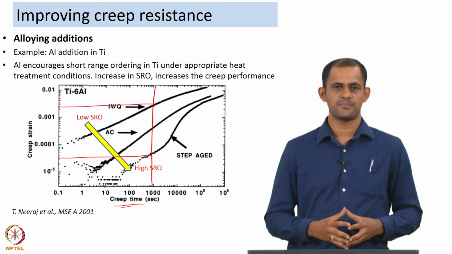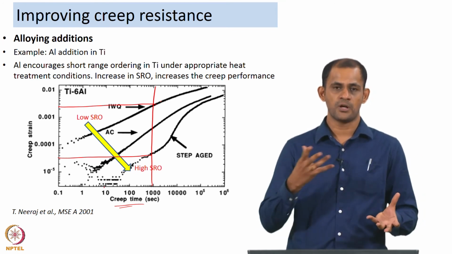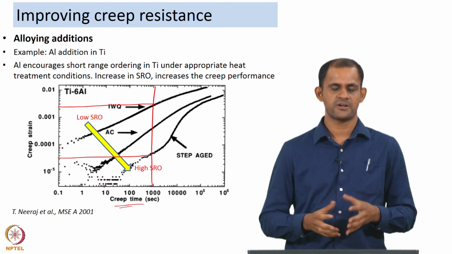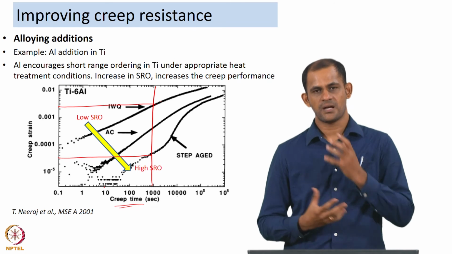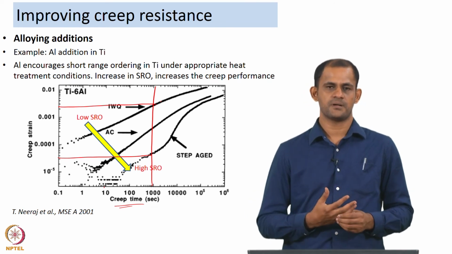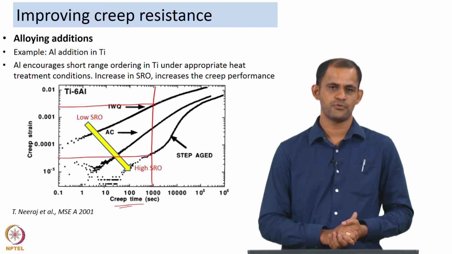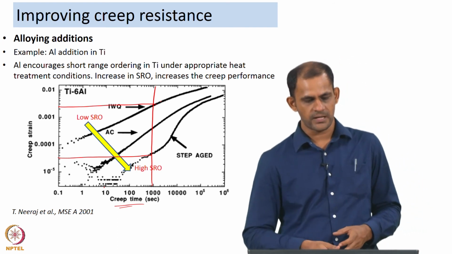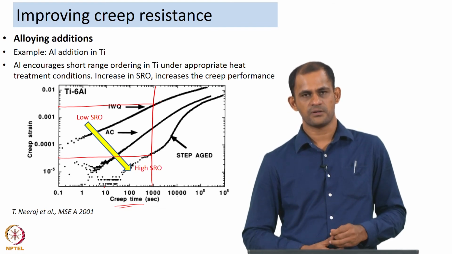A typical example is you can add molybdenum to some of the materials, or you can add niobium, because these have a large atomic radii, and they prevent the easy motion of vacancies, and in turn improve the creep performance. So, that is how you can improve the creep performance of a material.